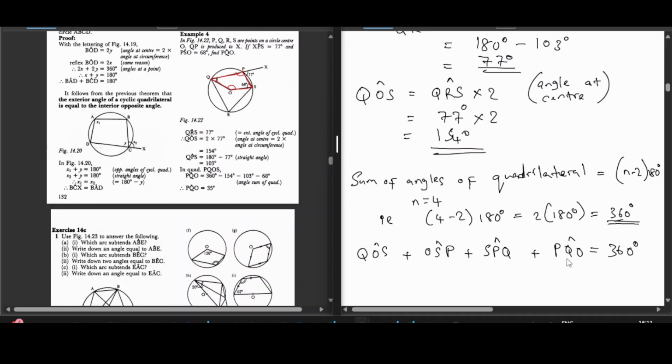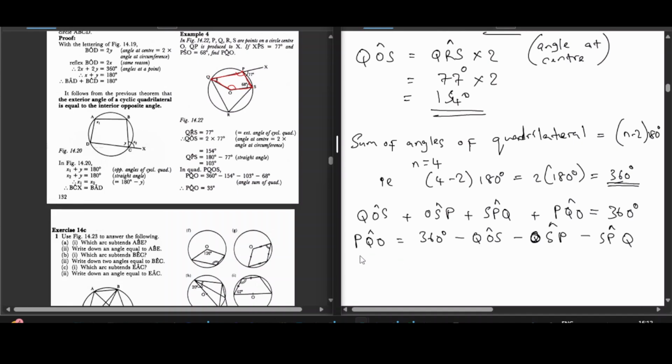So what we are looking for here is PQO. Let us make PQO the subject of the formula. So PQO will be equal to 360 degrees minus QOS minus, everything becomes minus because it is crossing the equals sign, don't forget that, like this. So PQO equals 360 degrees minus what is QOS.